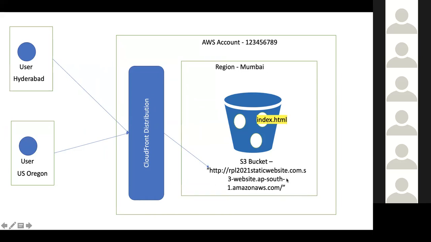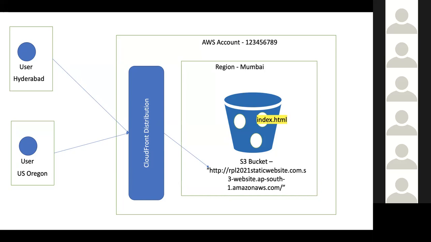Here you can actually restrict the S3 URL, because you should not allow the users to hit S3 directly. Then the whole purpose is defeated. So you'll have to prevent the users from accessing S3 directly, and only CloudFront will be accessed by the users. CloudFront will in turn access S3 and fetch the content on need basis, right?